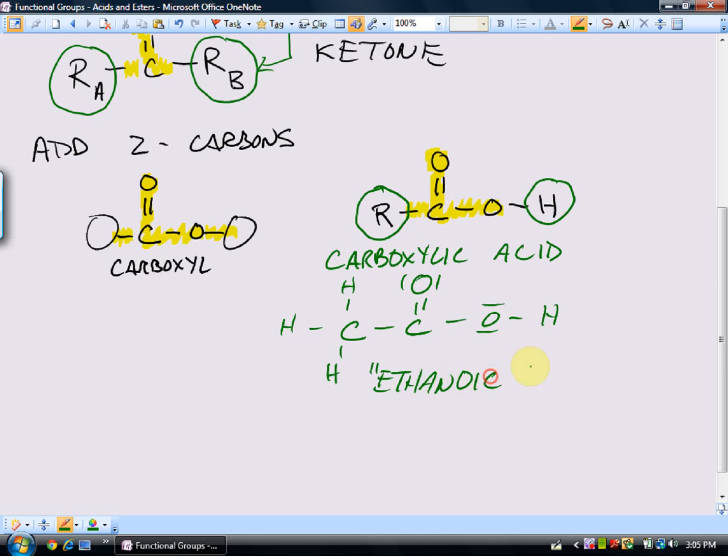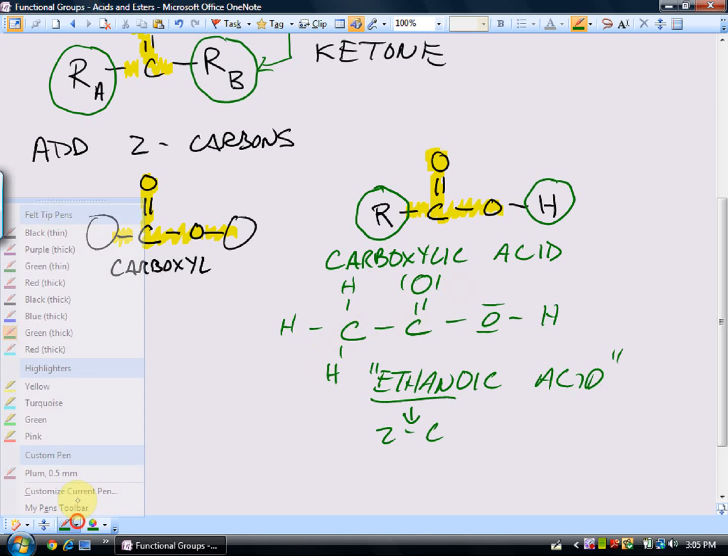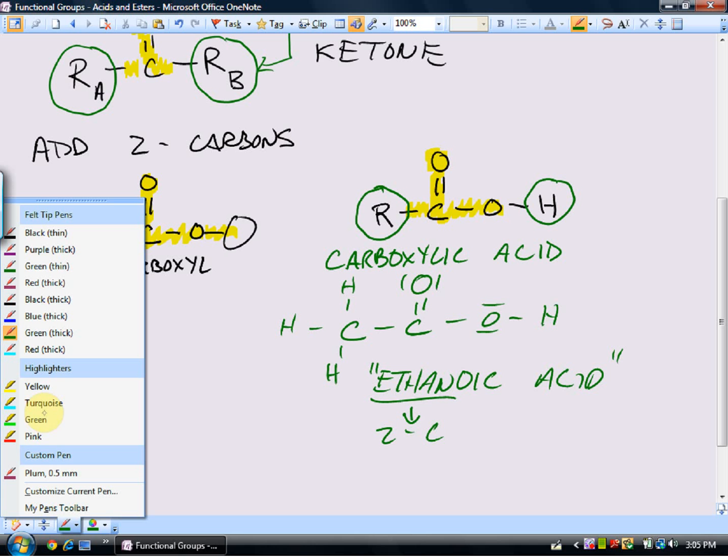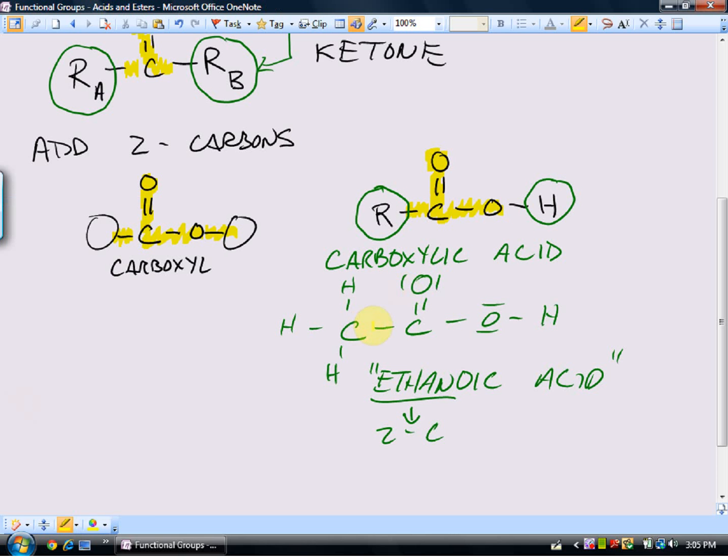I hope by this point, when you see the eth part, you're thinking to yourself, that means 2 carbons. And notice that ethanoic acid has 2 carbons. But it shares that pattern that makes it a carboxylic acid. All right. Good. That's a carboxylic acid.